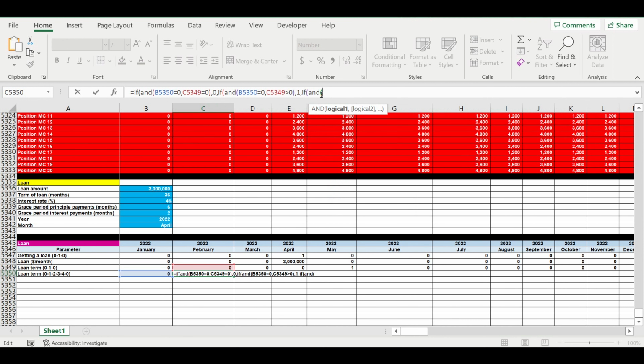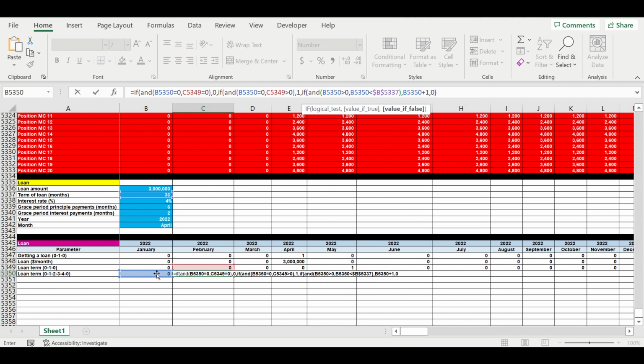and this is more than 0 and this is less than this value, the term of the loan, then we are adding plus 1, otherwise 0.